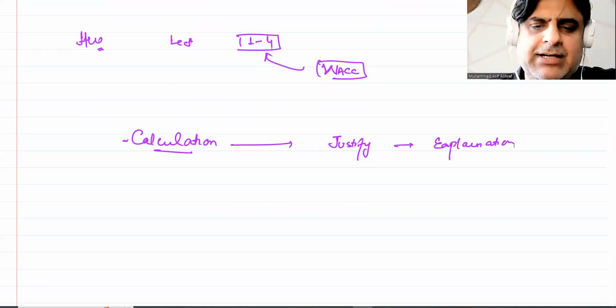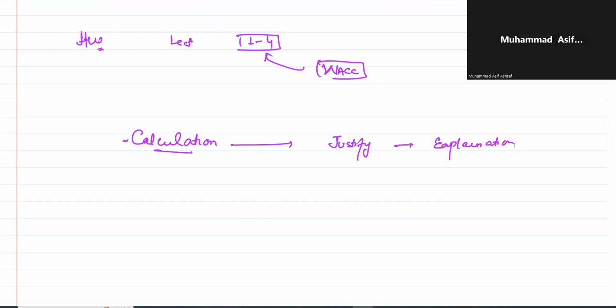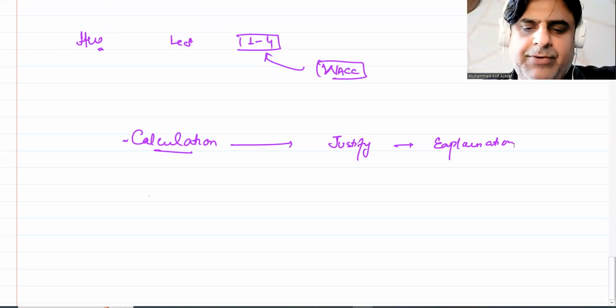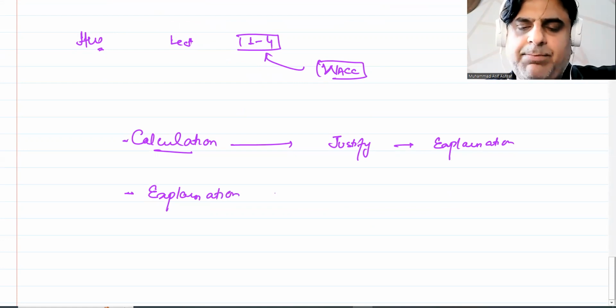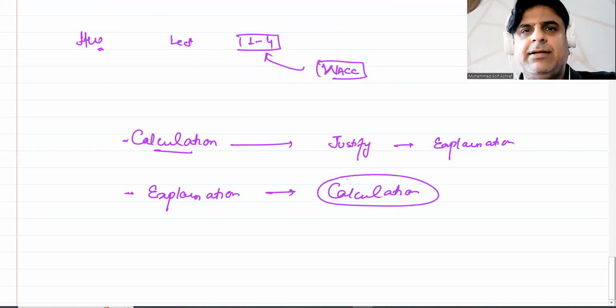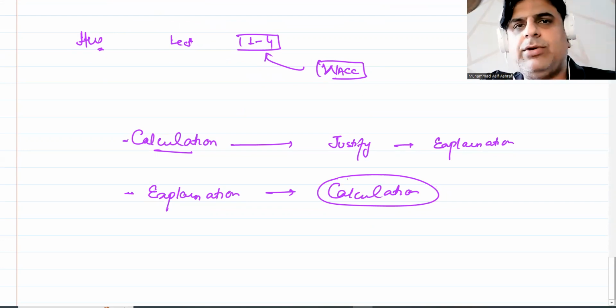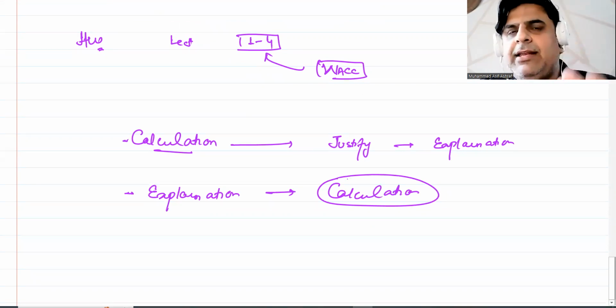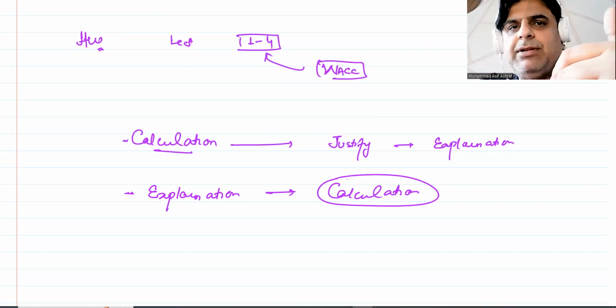And vice versa: if you are weak in explanation, you can support it by showing as much calculation as you have. So it works either way. If you are weak or wrong in calculation, then support it with justification through explanation.